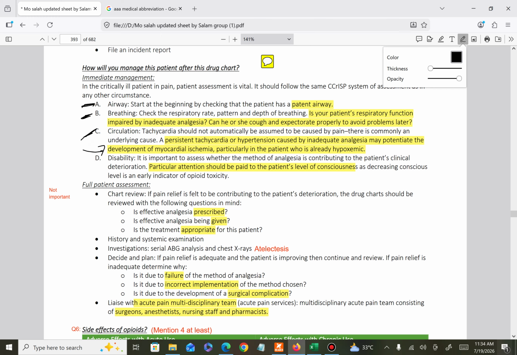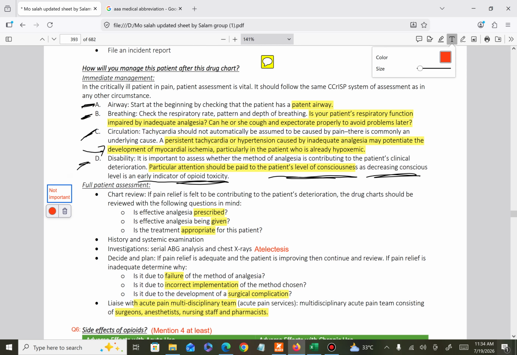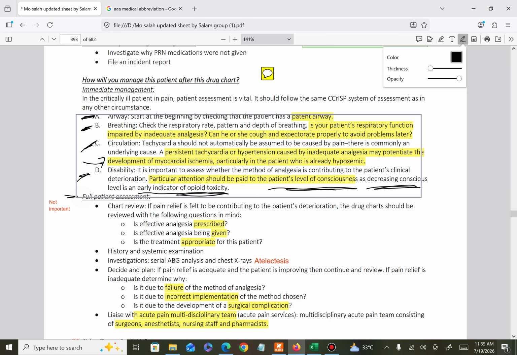This is important, particularly in the patient who is already hypoxemic. Then disability: it is important to assess whether the method of analgesia is contributing to the patient's clinical deterioration. Particular attention should be paid to the patient's level of consciousness, as decreasing conscious level is an early indicator of opioid toxicity.